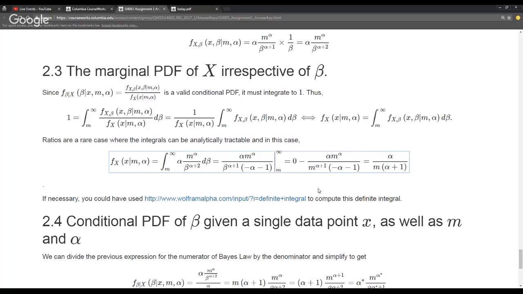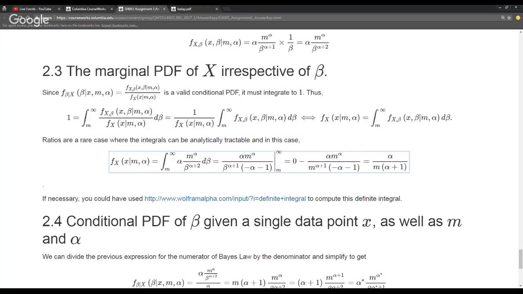So it's fine if you just cut directly to this, but this is the probability of observing the data irrespective of beta. If we had a particular data point, it actually doesn't depend on the value of the particular data point. It only depends on alpha and m.